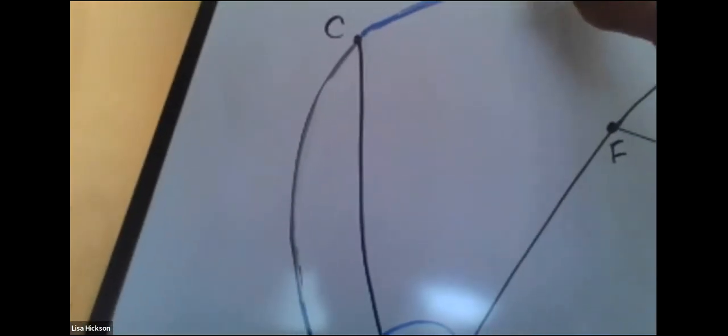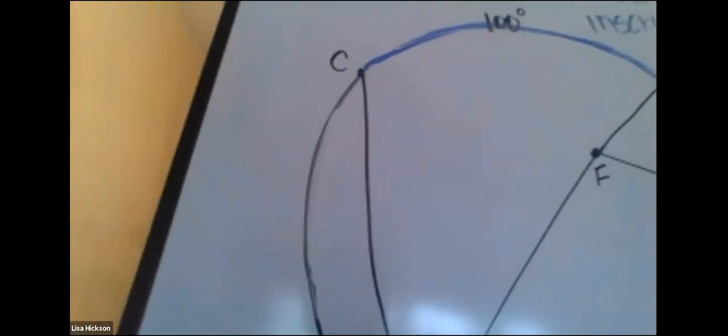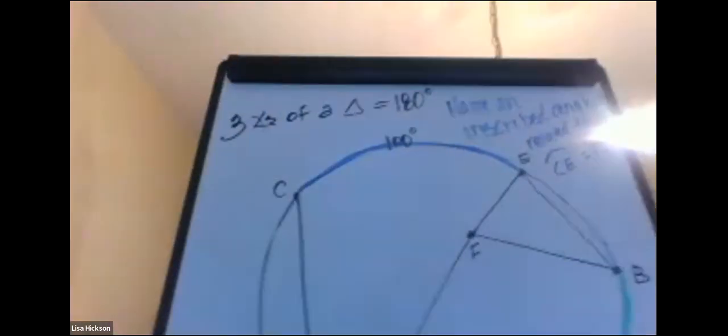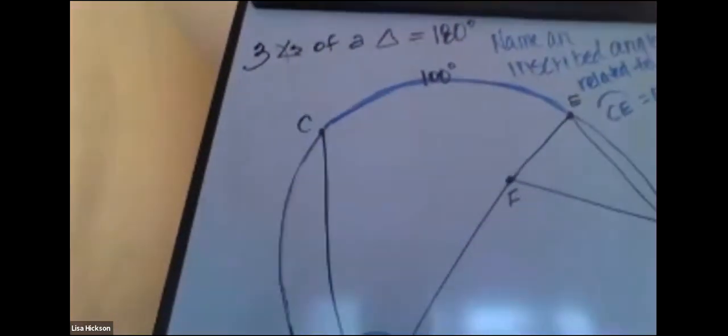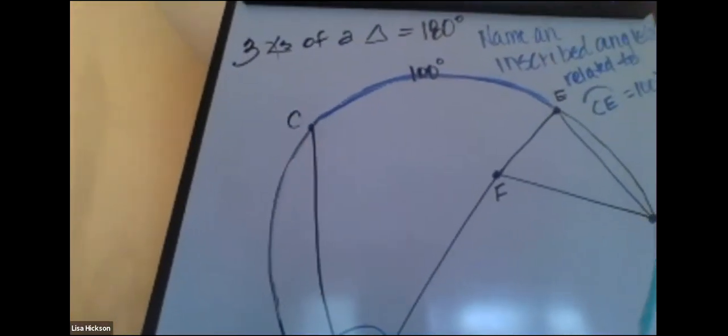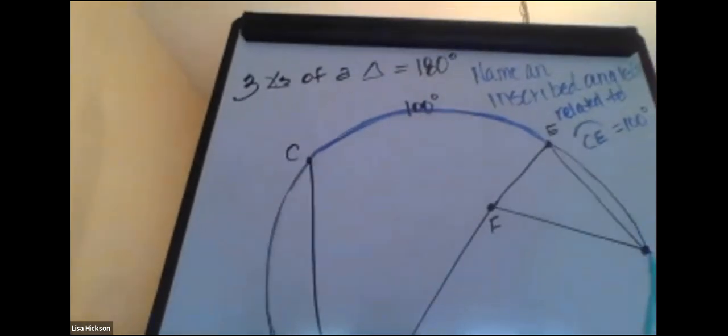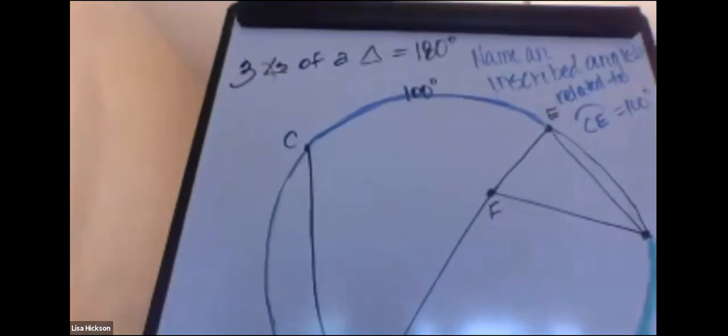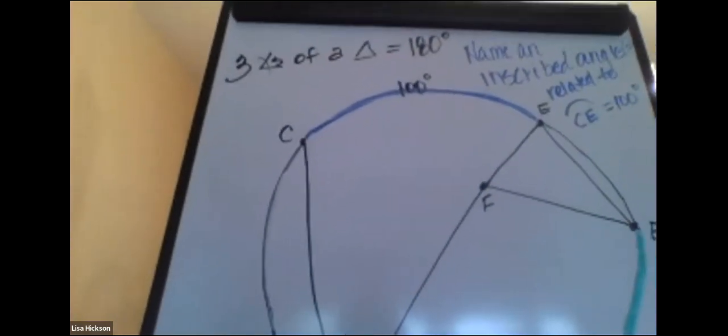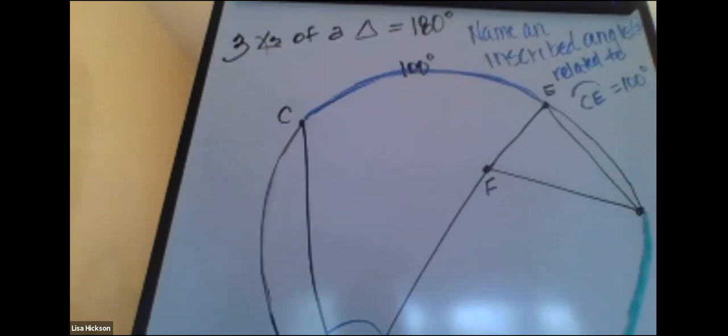So again, what's the relationship between the measure of the arc and the measure of the inscribed angle? You've got two options. It's either the same or it's half. Which one is this? Because it is inscribed.